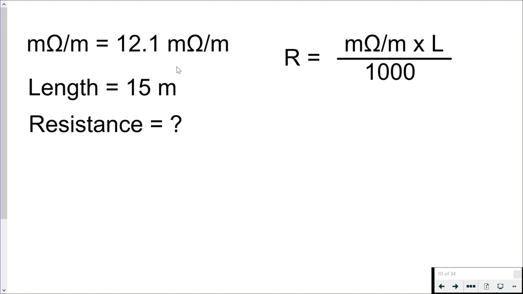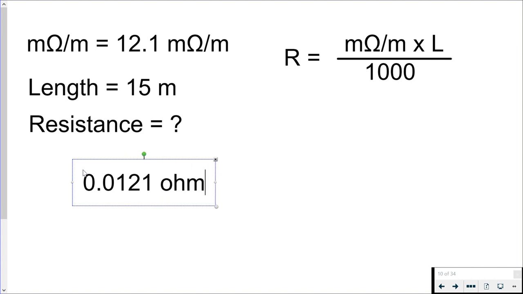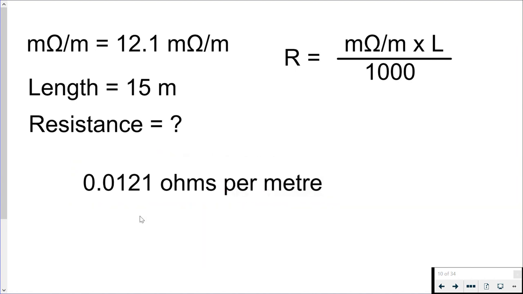If I wasn't using milliohms, I would need to, every time, take that 12.1 milliohms per meter and convert it back into ohms. That would give us 0.0121 ohms per meter.